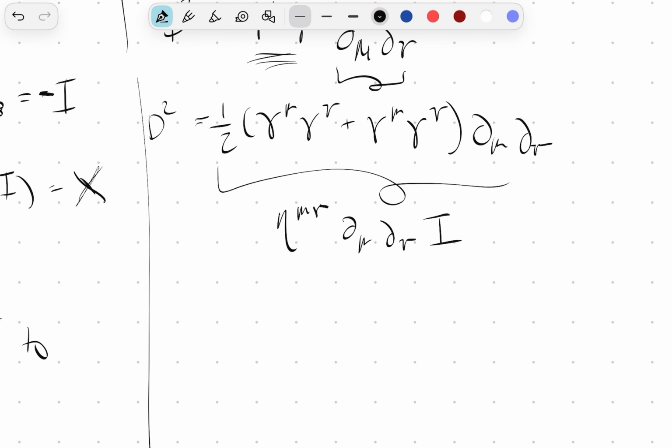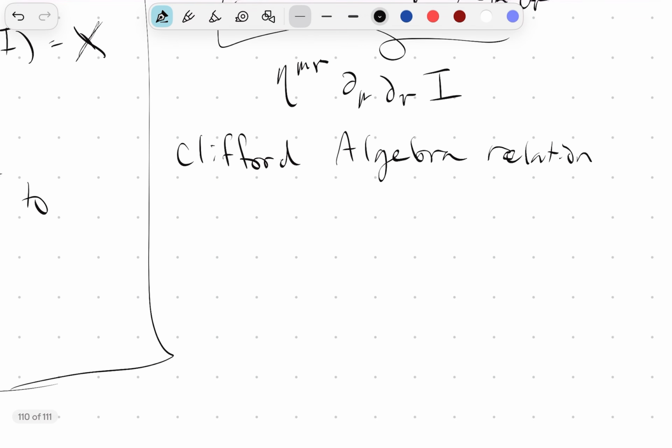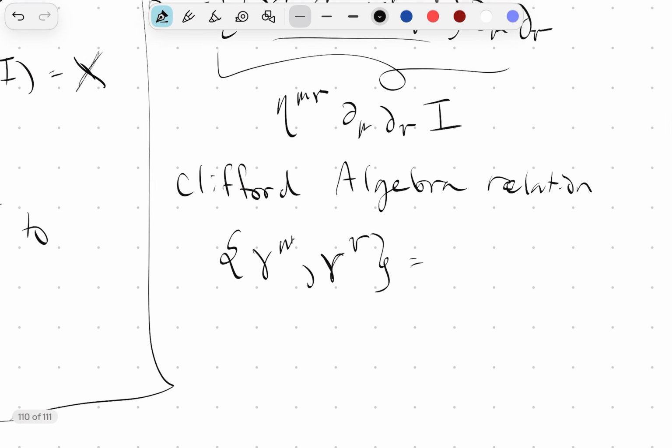So what we're going to do is propose something called the Clifford algebra relation. And what that allows you to do is this is going to encode the Minkowski metric. So we'll take the commutator between gamma mu and gamma nu to be equivalent to just literally that, the commutation.